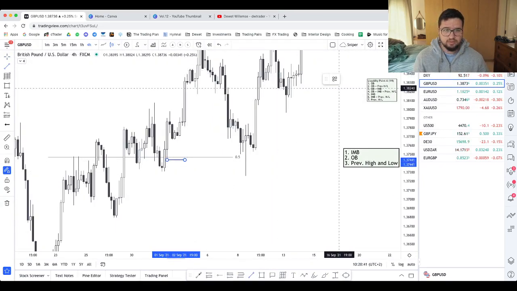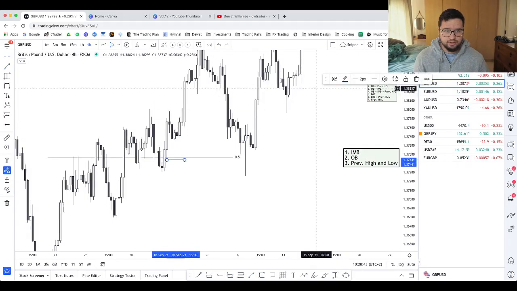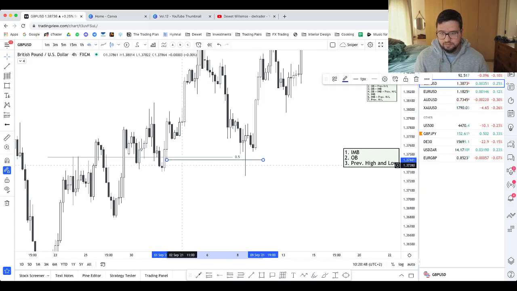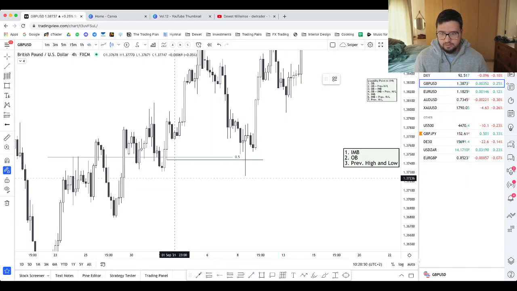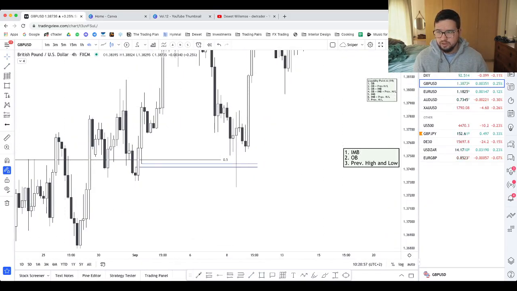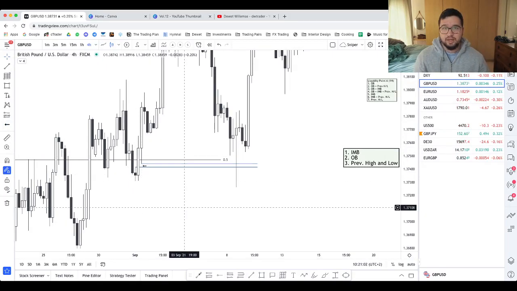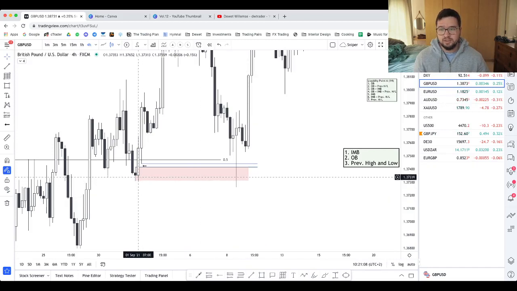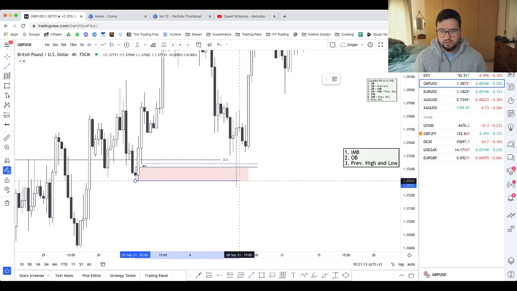Let's make this a bit thinner. Yes, we have some imbalance there, and there as well. So we have an area of imbalance, and for completeness I put the arrow there, imbalance. Then we're looking for an order block as well, and we have an order block, and then obviously the previous low, which is in that area as well.